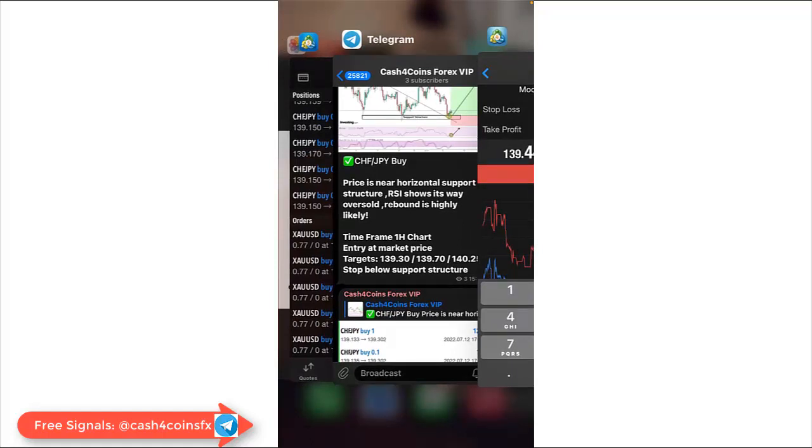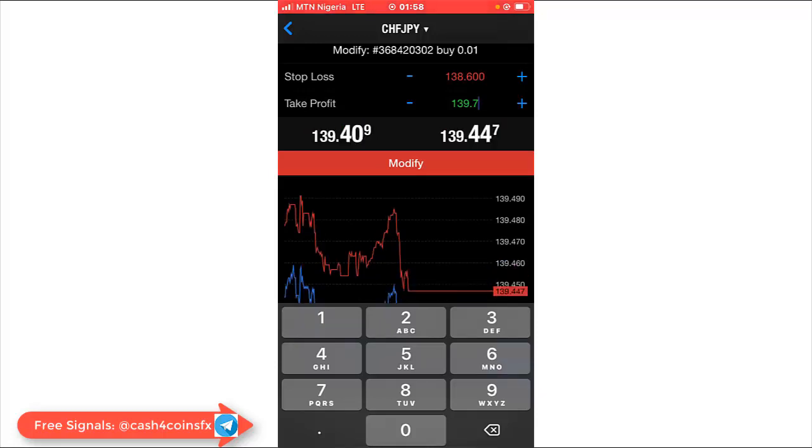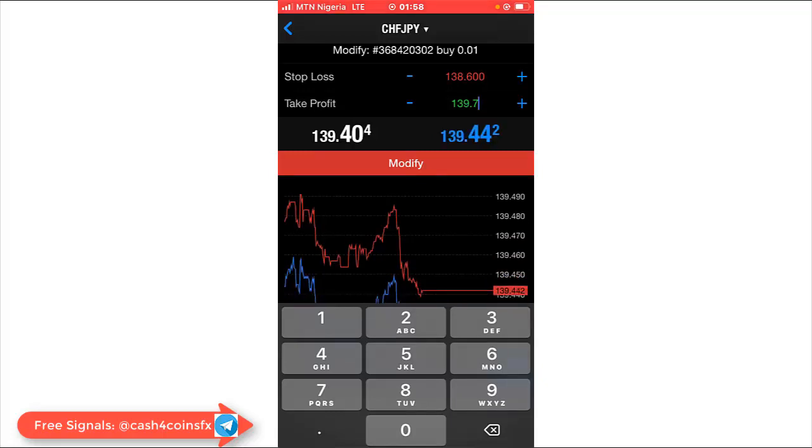You can also leave it to the third TP, but always be sure you are monitoring it and keep on modifying it to be able to secure some profit if the price is going in your favor and you're having some profit already. So after making the entries, you then click on modify.